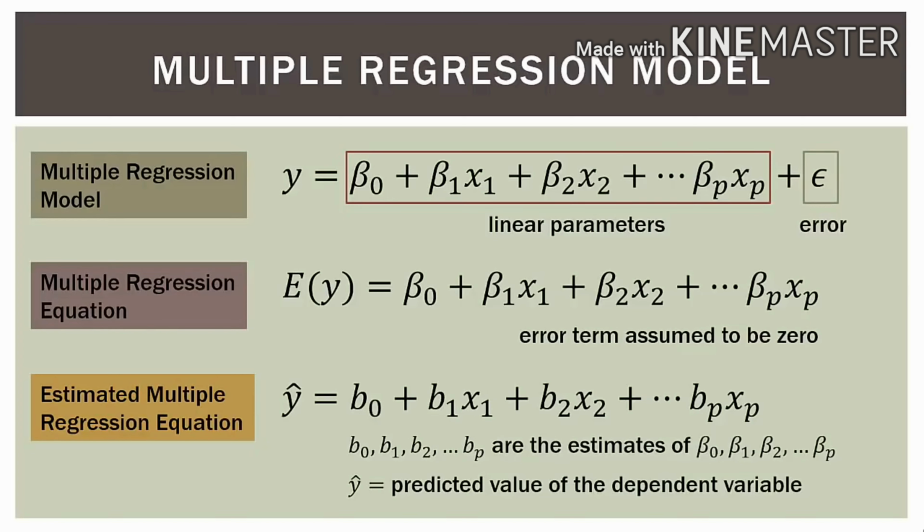So b0, b1, b2 are all the estimates of beta 0, beta 1, beta 2, etc. And then y hat is the predicted value of the dependent variable. So again, this is not something you need to really commit to memory, but I just want you to see the pattern of how these multiple regression equations are going to look, and we'll talk about in the next slide sort of what they mean.